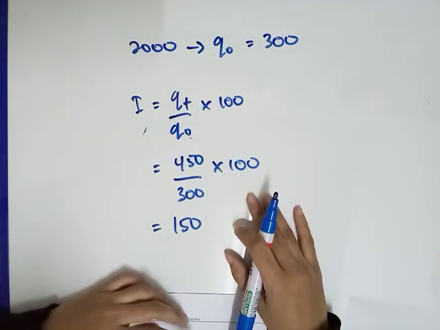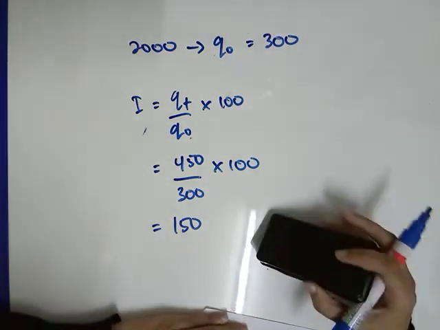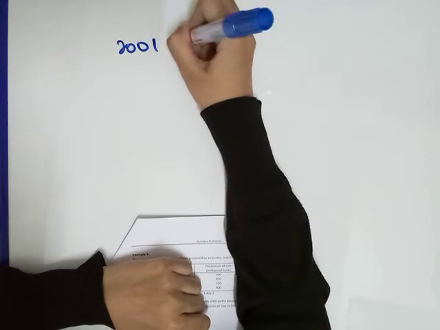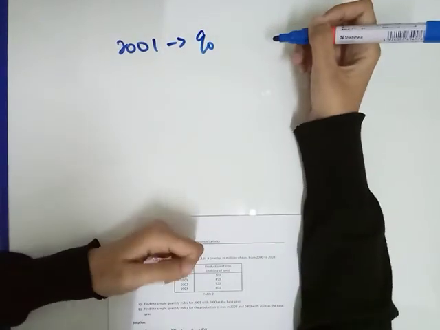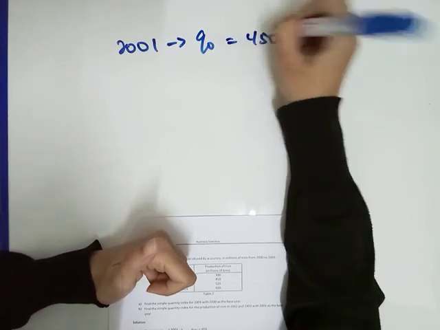Okay, for B, find the simple quantity index for the production of iron in 2002 and 2003 with 2001 as the base year. So 2001 as the base year, which is Q naught. Okay, it is 450.